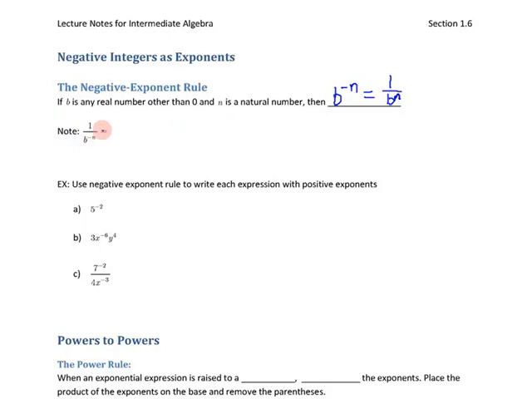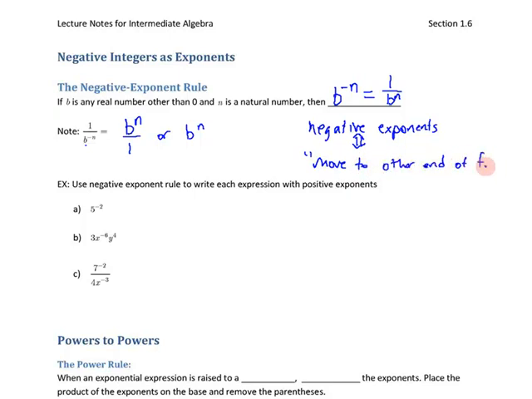Note also 1 over b to the minus n is the same thing as b to the n over 1, or just b to the n. So negative exponents mean, I'll put a double arrow here, the same thing as move to other end of fraction.